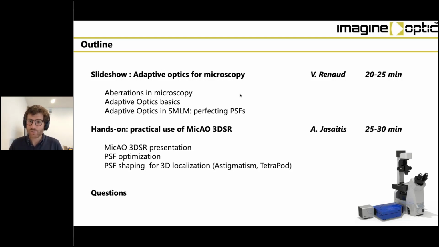Then I will give the hand to Odorius, who is going to give you an introduction about MicAO 3D SR, our adaptive optics system for single molecule localization microscopy, and give you a tour of how you can optimize your PSF and do PSF shaping for 3D localization. Then at the end, we'll have some time for questions and answers.